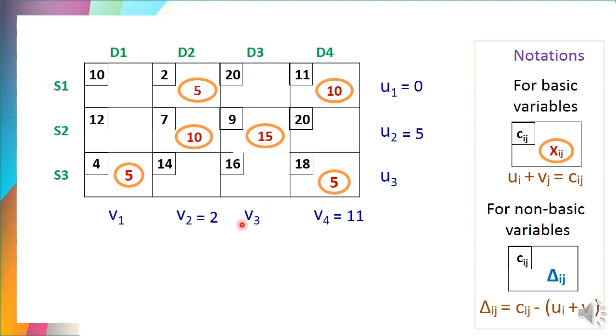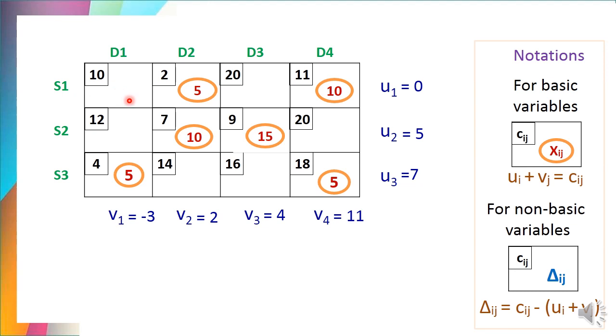We can find the value of v3 equal to 4. We can find u3: 11 plus u3 is equal to 18, so u3 is equal to 7, and finally 7 plus v1 is equal to 4, so v1 is minus 3. Now let us find delta ij for unoccupied cells or non-basic variables.